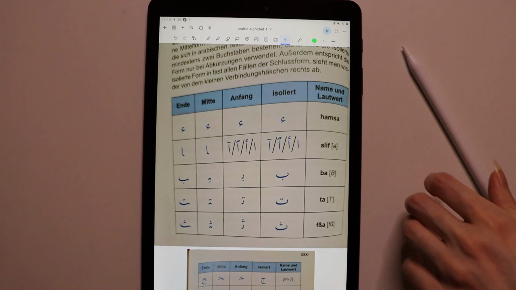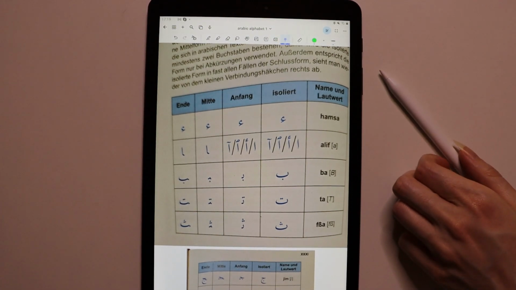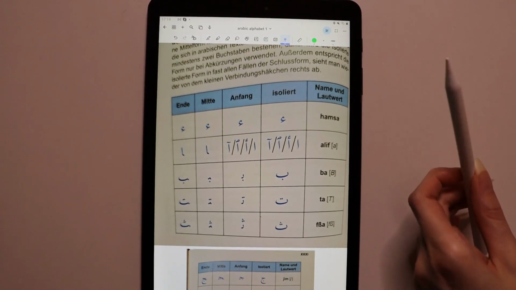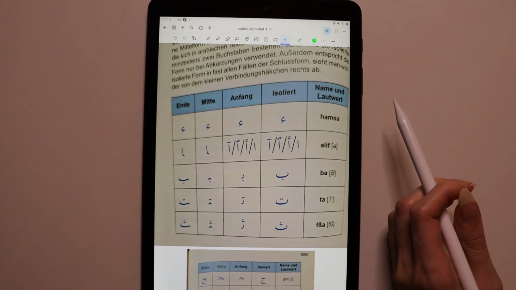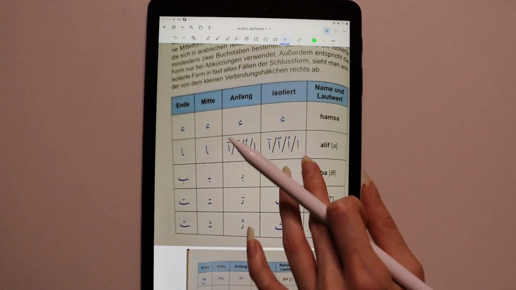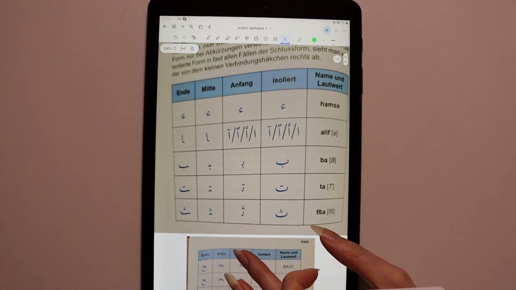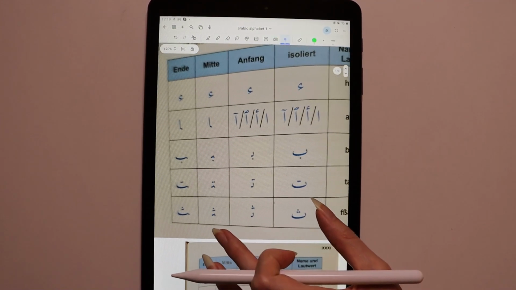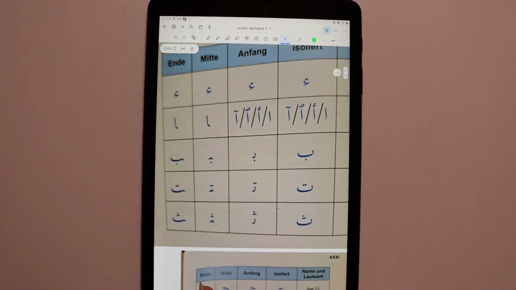Okay, so I just looked it up. The Arabic alphabet has 28 letters, but I think this also depends on whether you count the Hamza among the letters. But mainly 28 letters, and they are all different from the Latin alphabet.